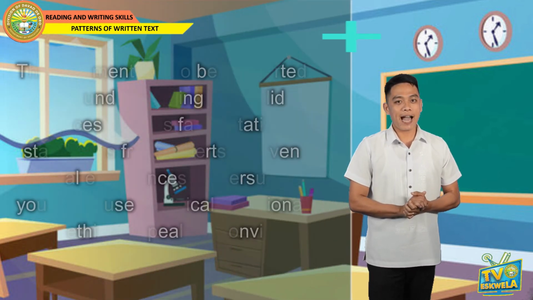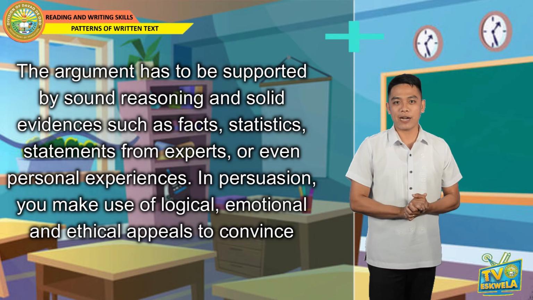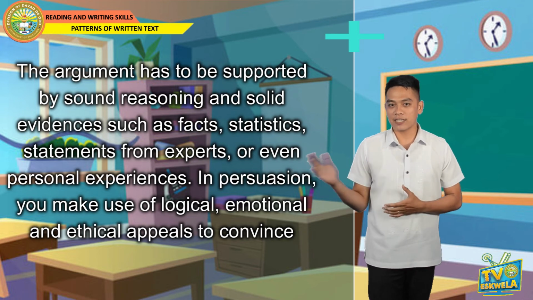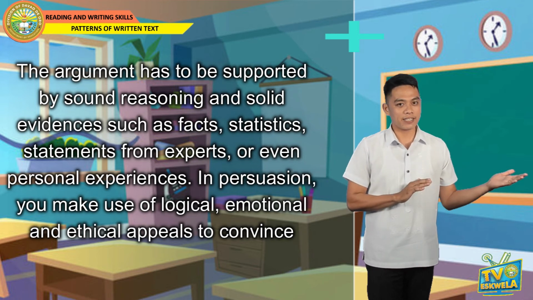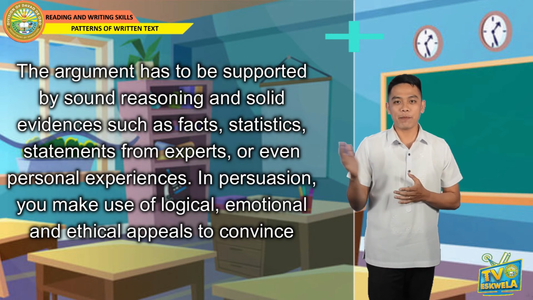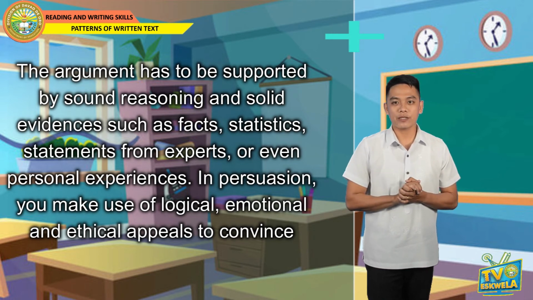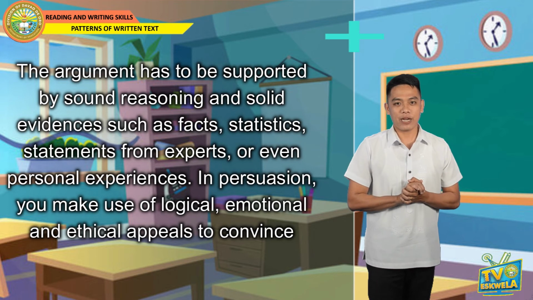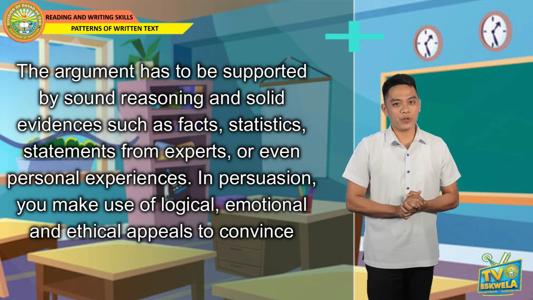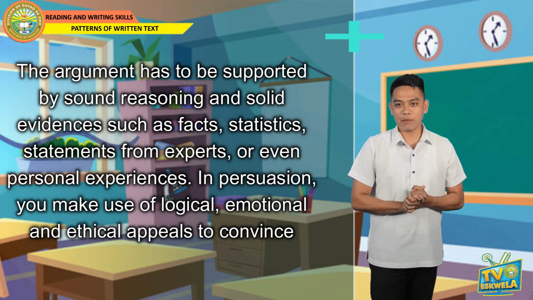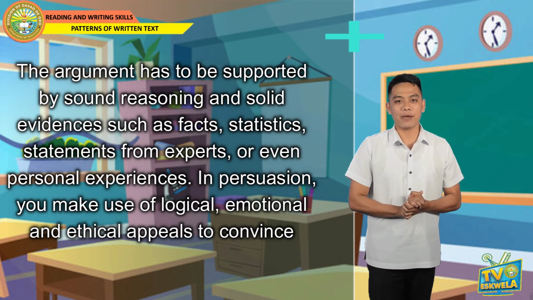The argument has to be supported by sound reasoning and solid evidence such as facts, statistics, statements from experts, or even personal experiences. In persuasion, you make use of logical, emotional, and ethical appeals to convince.